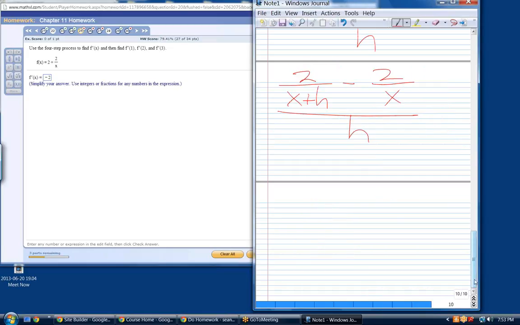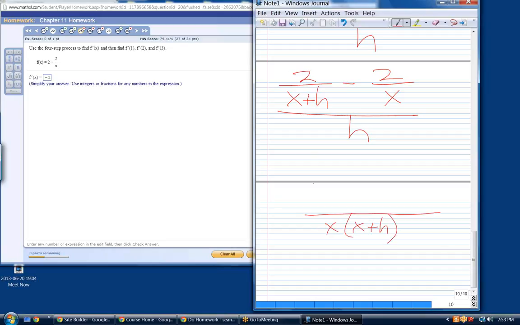You need to learn how to do this anyway, because they're going to force you to do this, apparently, although I'm not sure how. Now you got to apply some fairly complex algebra. You got to find a common denominator for the numerator. That common denominator is going to be x times x plus h.